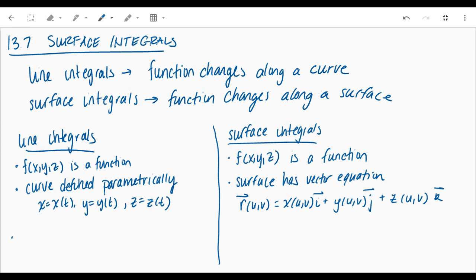And then we would do our integral for line integrals, where C would be that curve, along the arc length there.